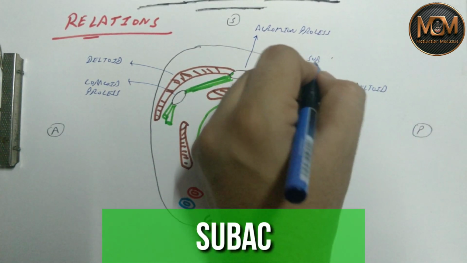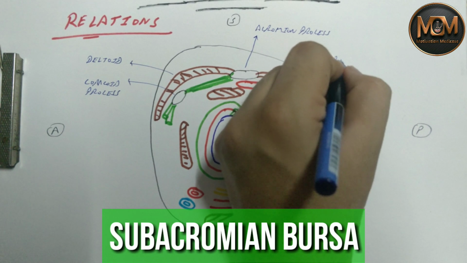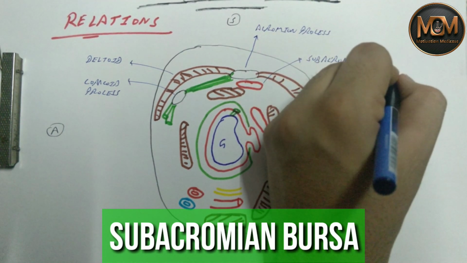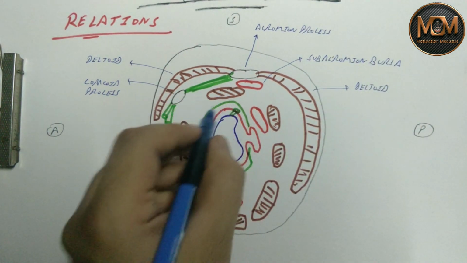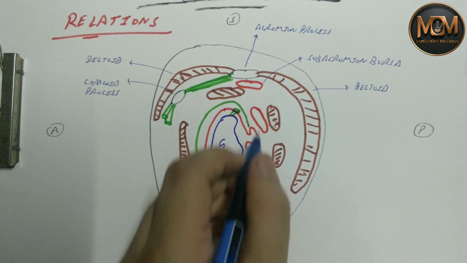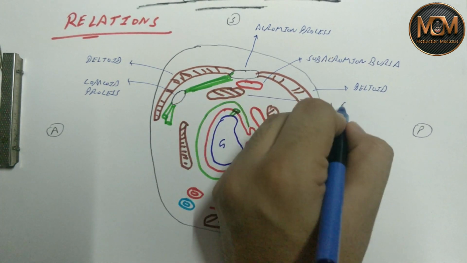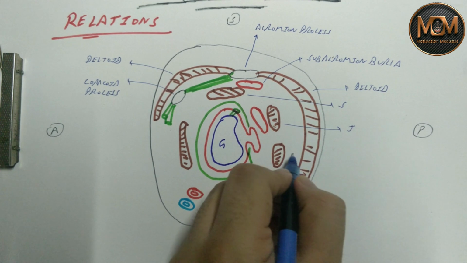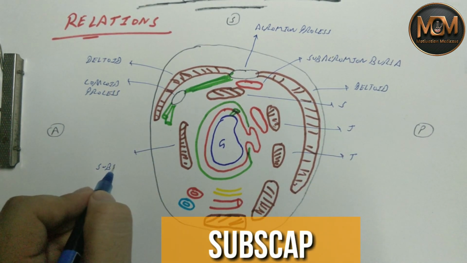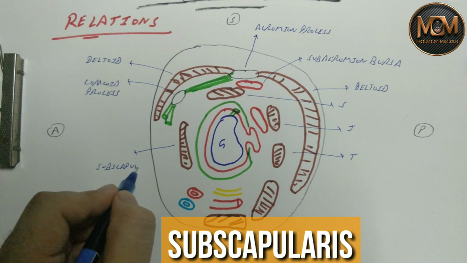Subacromial bursa. These are the four muscles, that is supraspinatus, infraspinatus, teres minor. So I am just writing SIT. This is teres minor, and this is subscapularis.